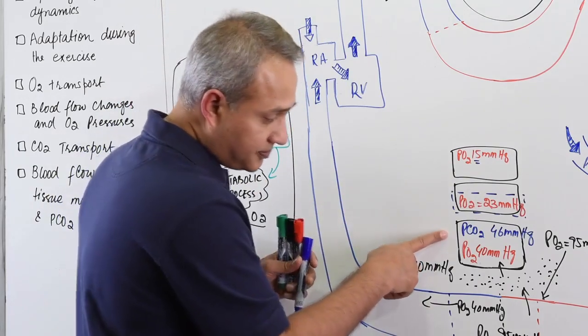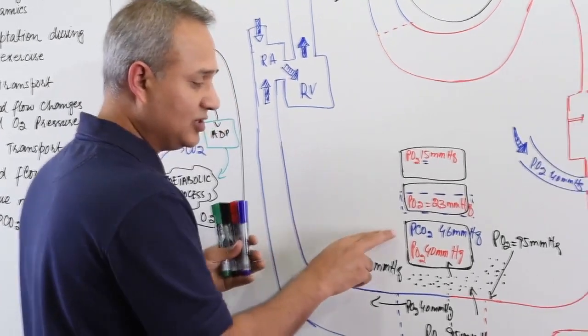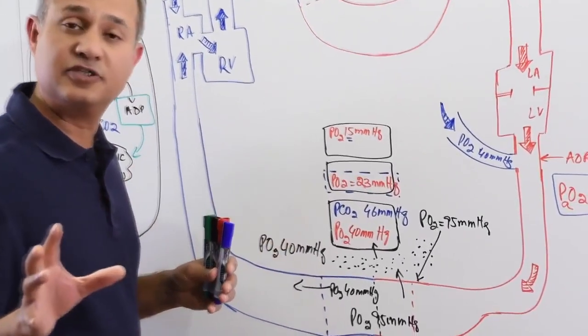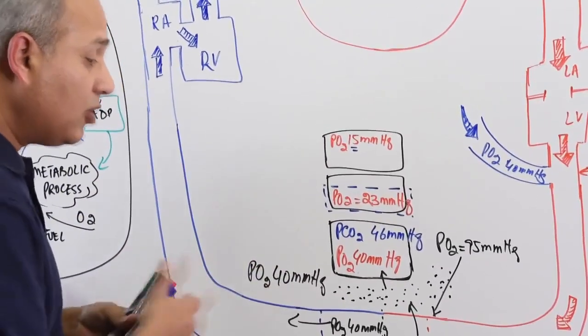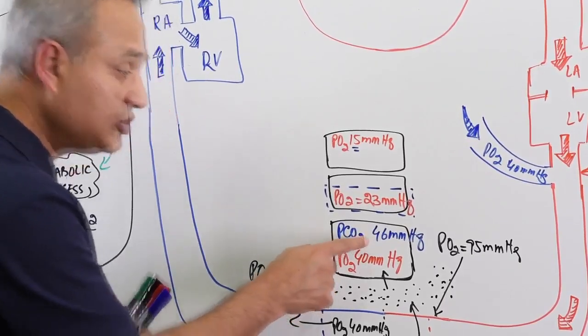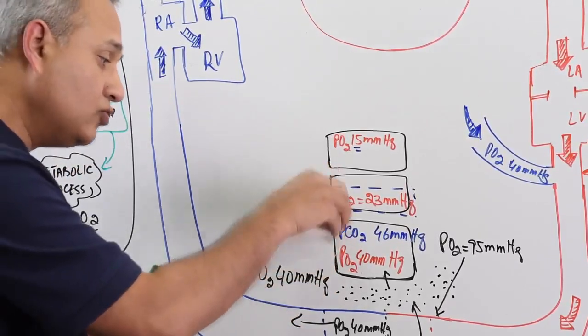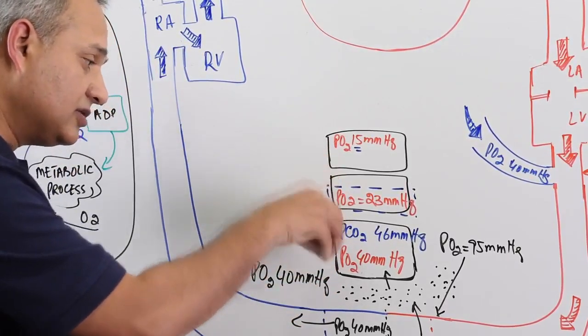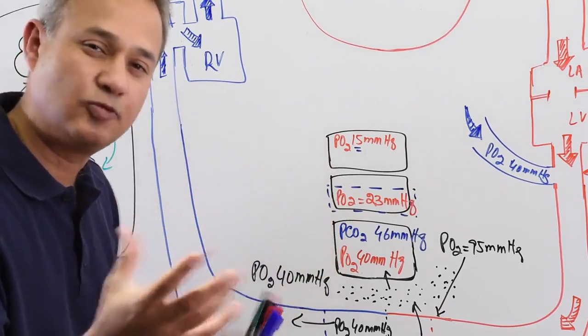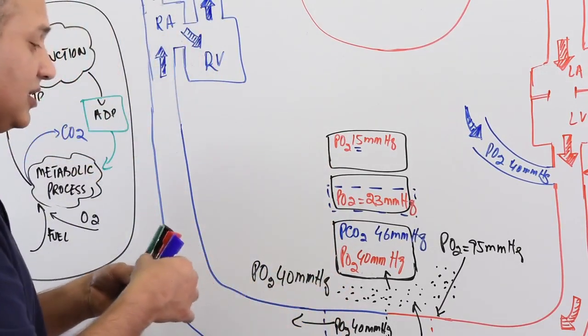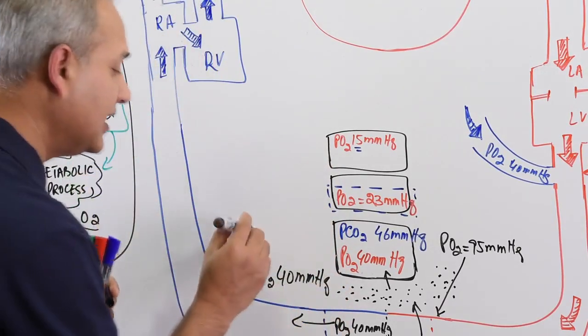So see here, PCO2 on average we say in the cell is about 46 millimeter of mercury. Now that is sufficient pressure to move the carbon dioxide out. But how sufficient? What is the interstitial pressure? You will be surprised to see this.